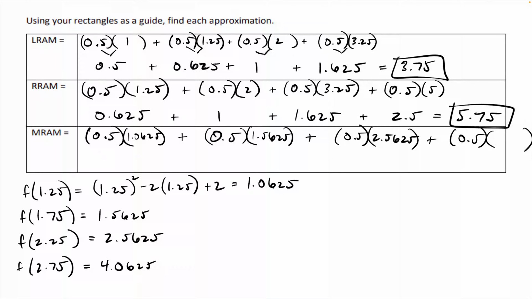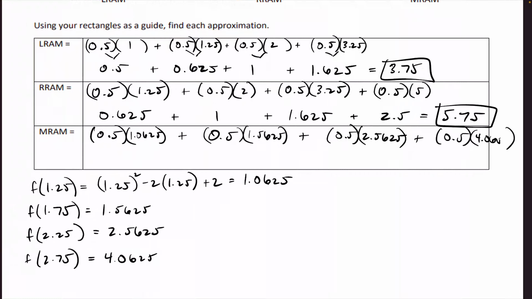I think the middle one might be the most accurate. And then when you multiply and add all those, you're going to get 4.625.